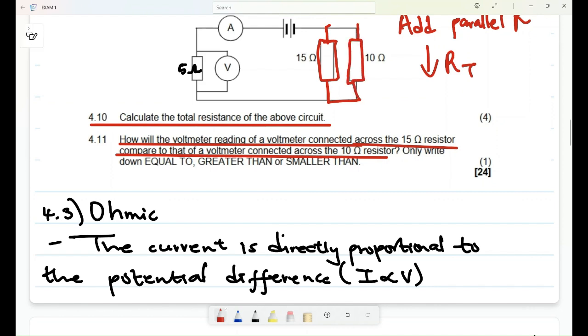We said the voltage is the same. If here we have 10 volts, it means here we have 10 volts. So the correct answer there is: it will be the same, equal to.